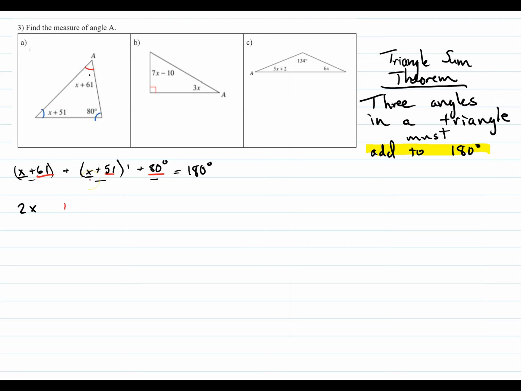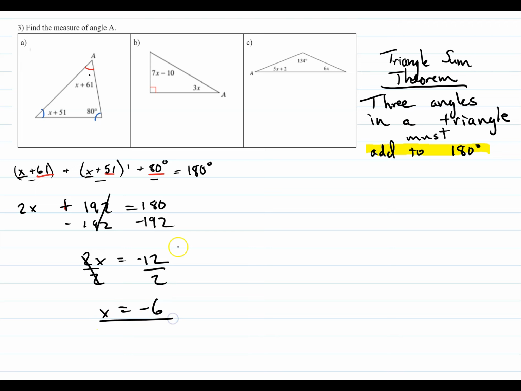So this is 2x plus 192 after combining like terms, and that's equal to 180. Alright, then we subtract 192 from both sides, and we get 2x equals 180 minus 192 is negative 12. Divide both sides by 2, and x equals negative 6.